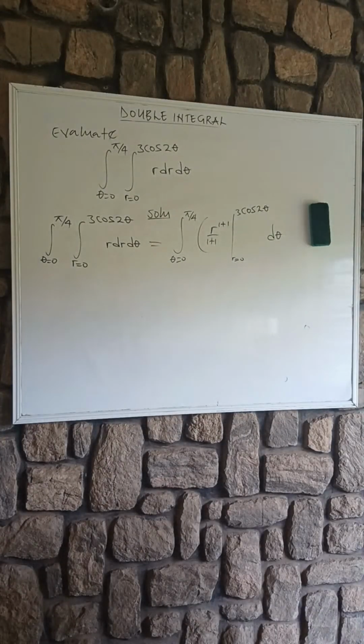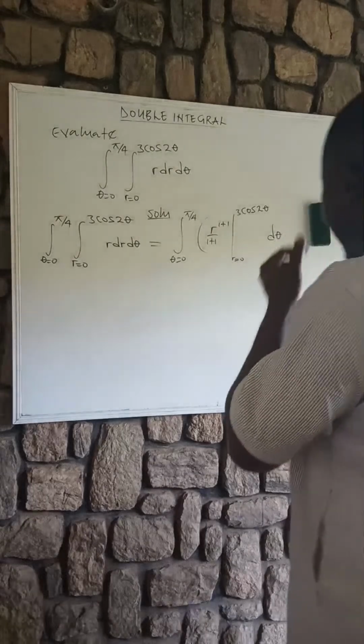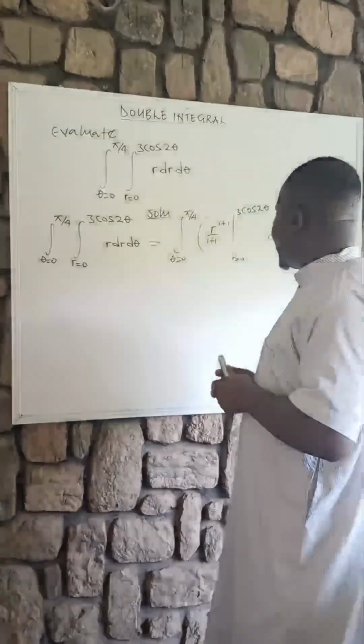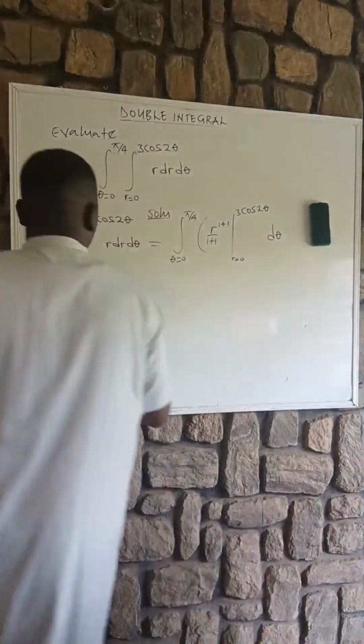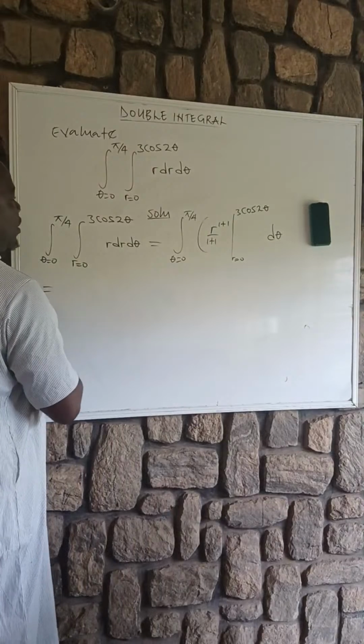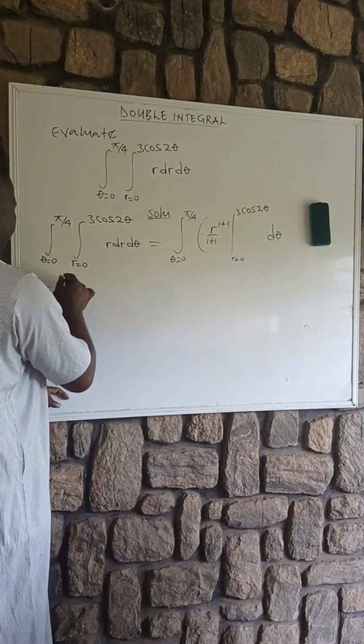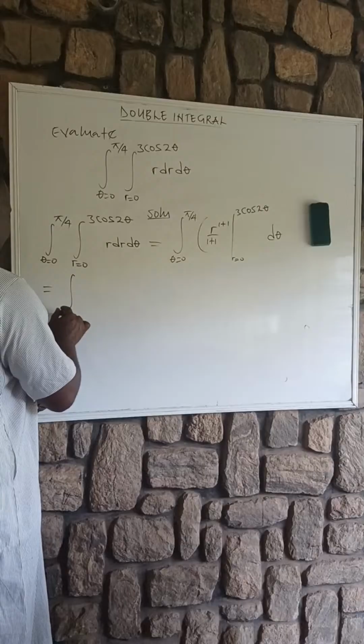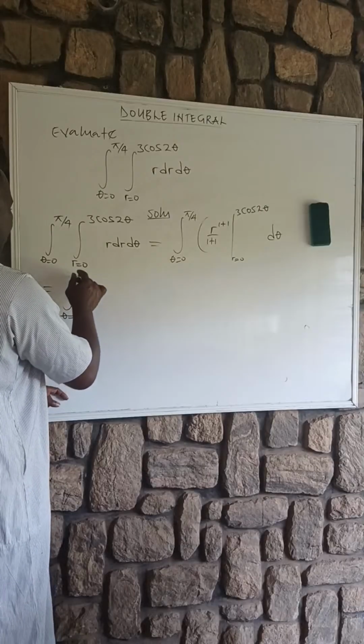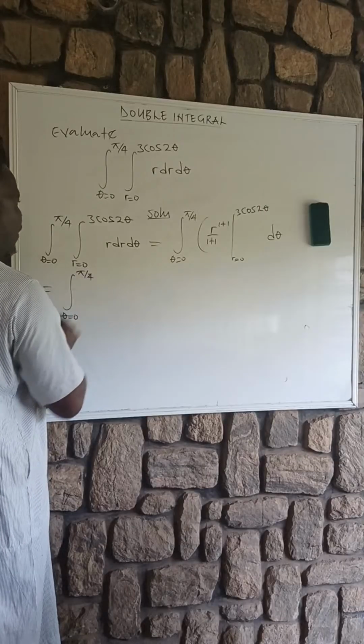What we need to do here, you don't need a prophet to tell you. Here we are going to have the integral theta from 0 to pi over 4.